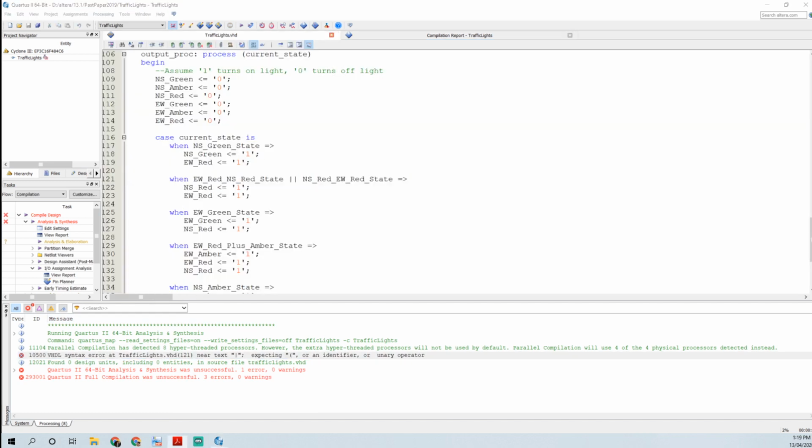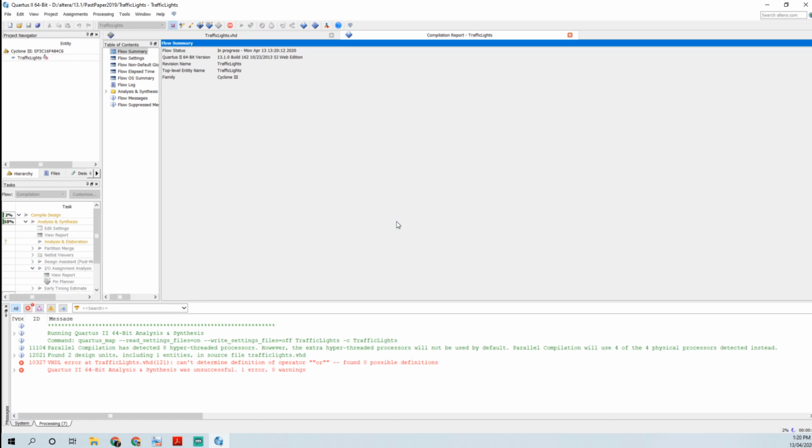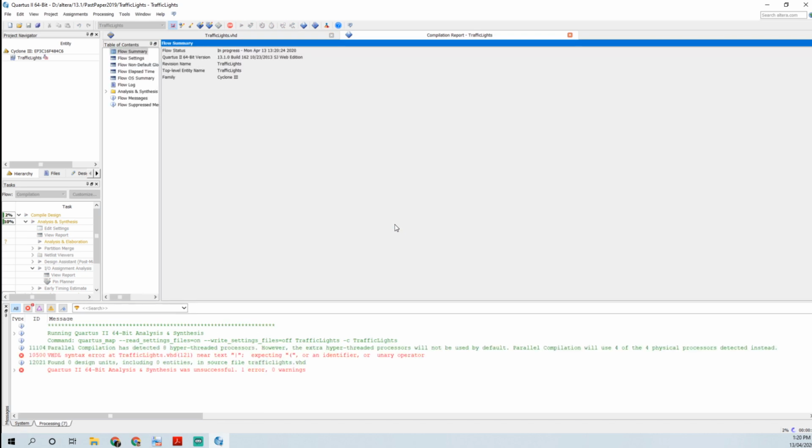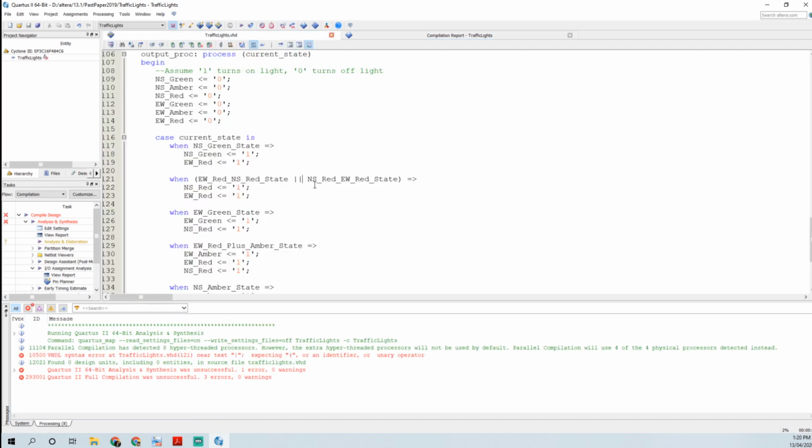When I'm in the east-west state, or I'm in the red. Let me see if this is going to help anything. Can't determine definition of operator or.